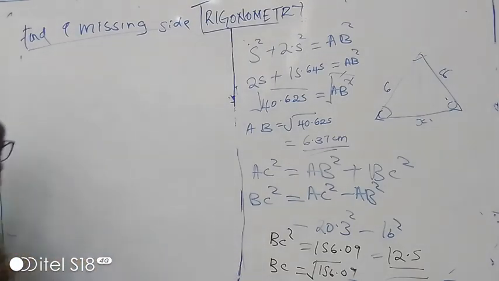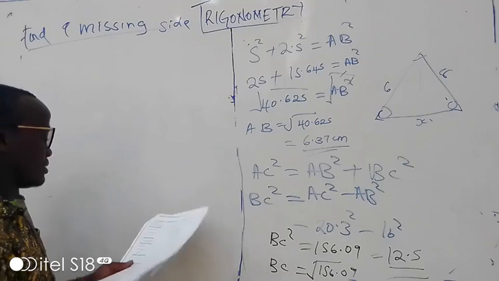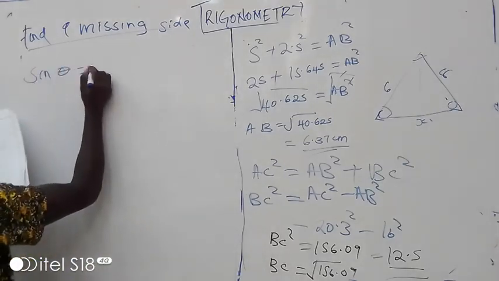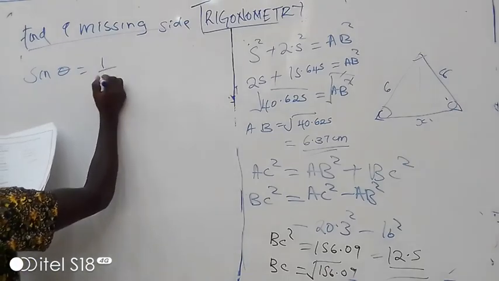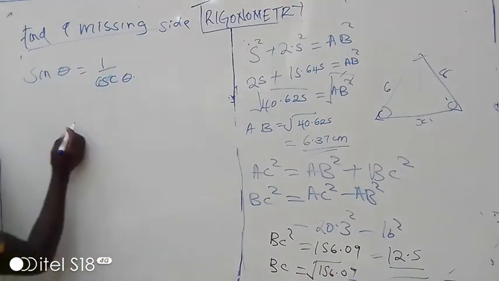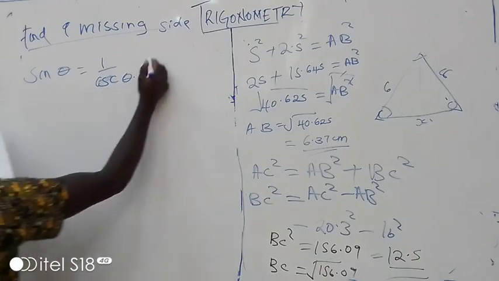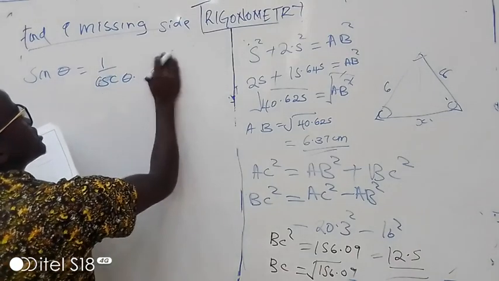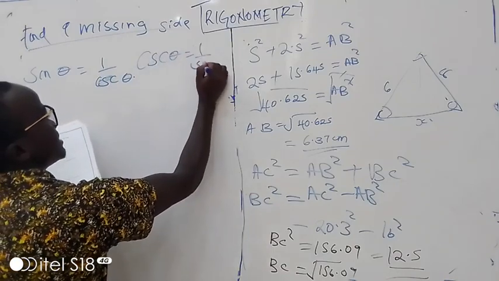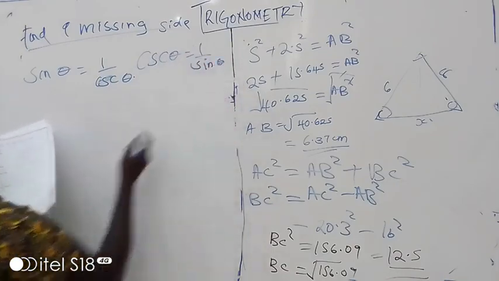Now, the first thing you need to know is that sine theta, as we had seen, is equal to the reciprocal, 1 over cosec theta, which shows that cosec theta is equal to 1 over sine theta.